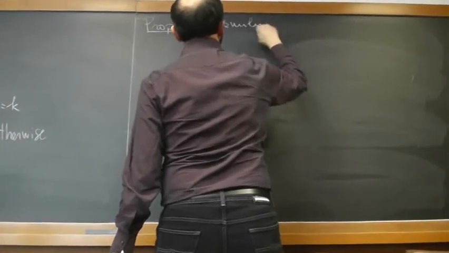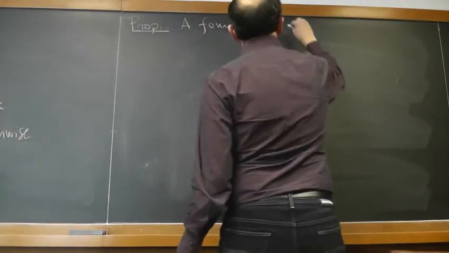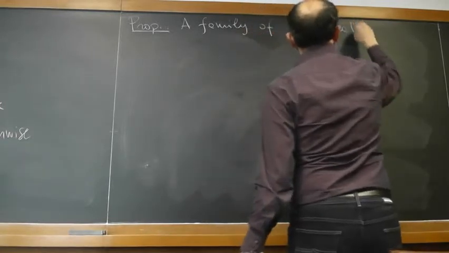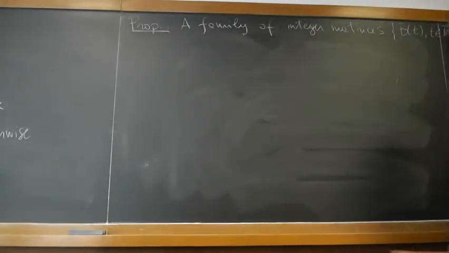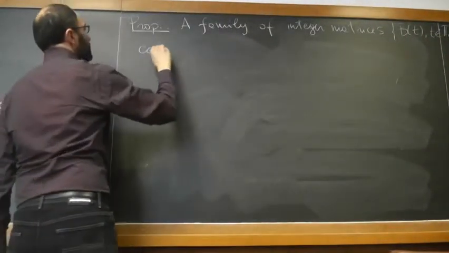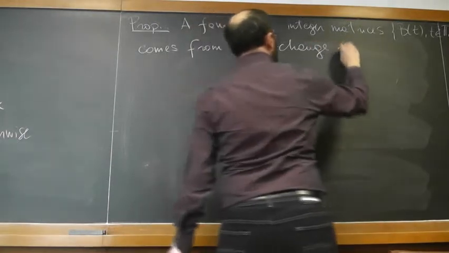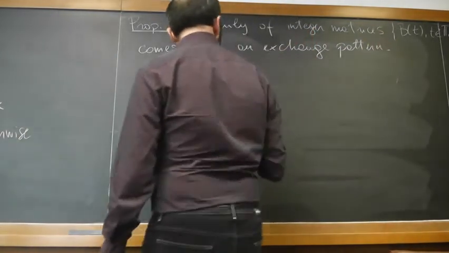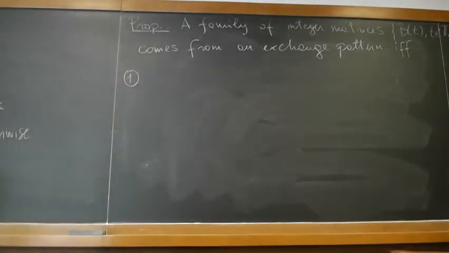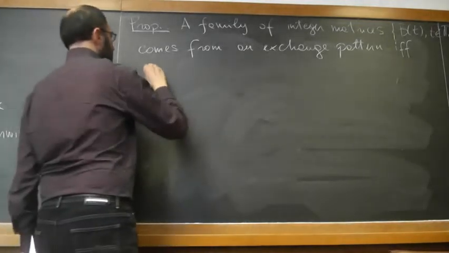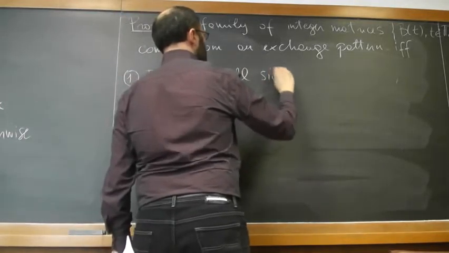A family of integer matrices B_t, t in T_n, comes from an exchange pattern if and only if these two conditions are satisfied. One, B_t is skew-symmetric.